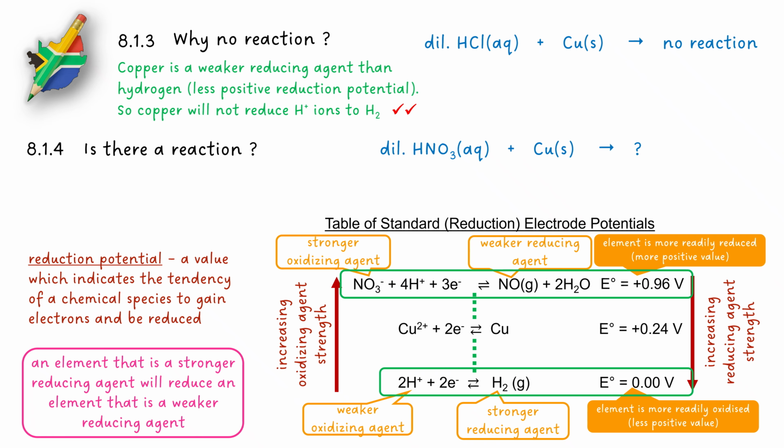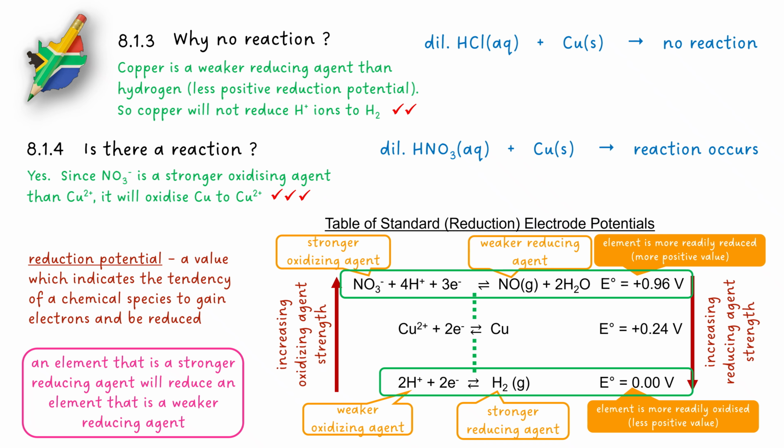And when nitric acid, which contains nitrate ions, is mixed with copper metal, because the nitrate ions are a stronger oxidizing agent than the copper 2+ ions, the nitrate ions in the acid will oxidize copper metal to copper ions. So yes, a reaction does occur with nitric acid and copper.